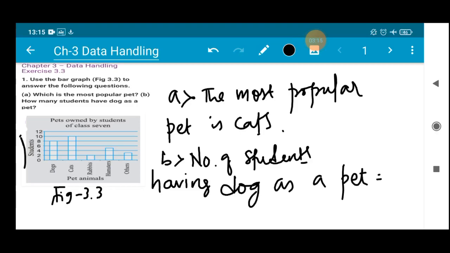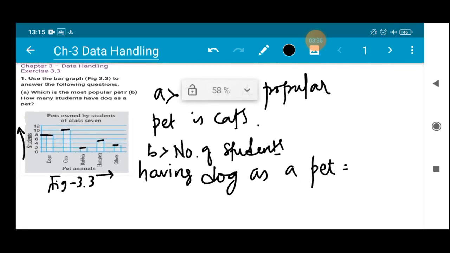These are the number of students represented here, and these are the pet animals. The number of students liking dogs is 8, cats is 10, rabbits is 2, hamsters is 5, and others is 3. For dogs they have asked, so the number of students having a dog as a pet is 8.